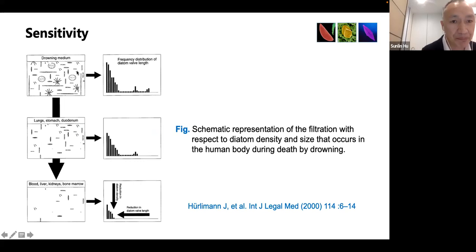Usually, there are a large number of diatoms with various shapes and sizes in a drowning medium. A larger part of them can enter lungs and stomach, but only a very small number of tiny diatoms can enter liver, kidneys, and bone marrow.